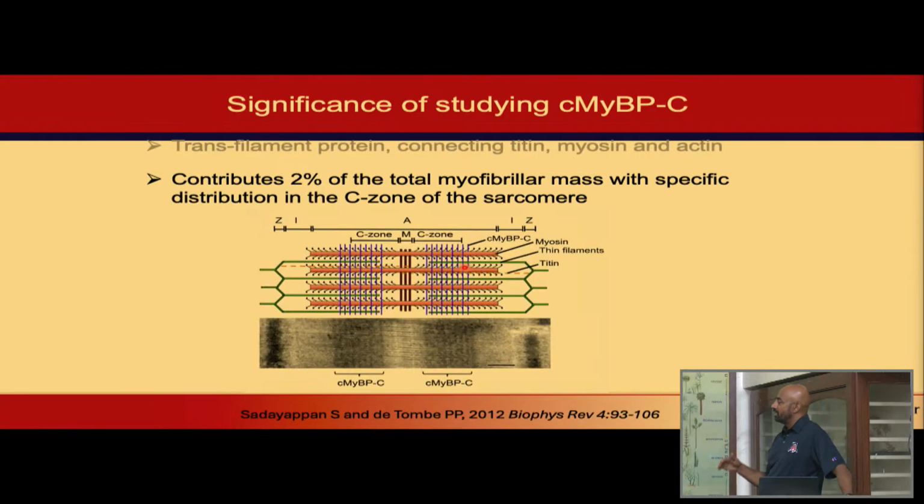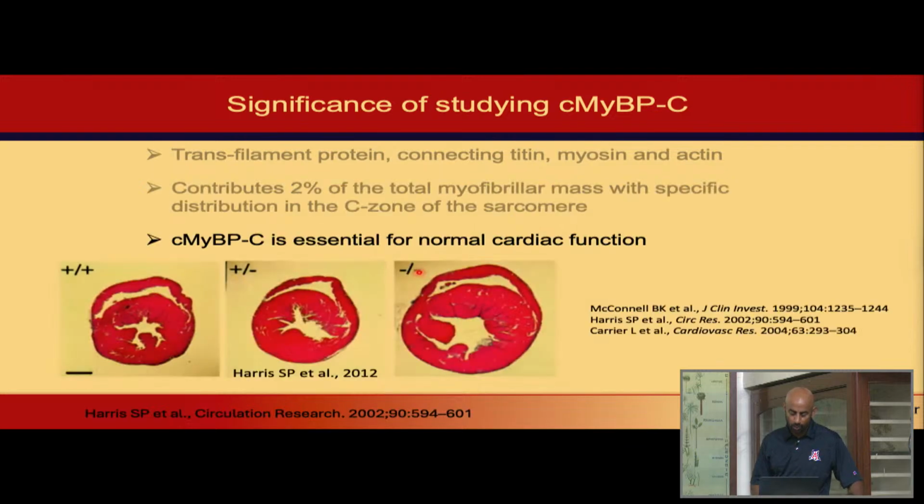If you look at the electron microscopic analysis, myosin binding protein C is very specifically localized within the C-zone of the sarcomere. There are 7 to 11 stripes. Every 11 myosin heavy chains have one myosin binding protein C, and the distance between two myosin binding protein C is 43 nanometers. So it is a very defined structure in the sarcomere.